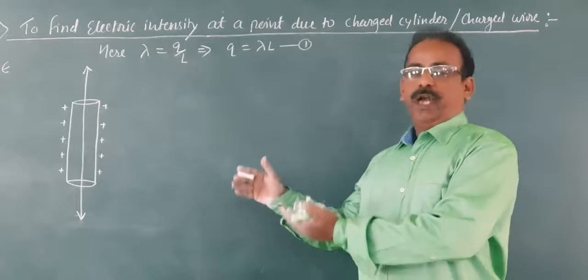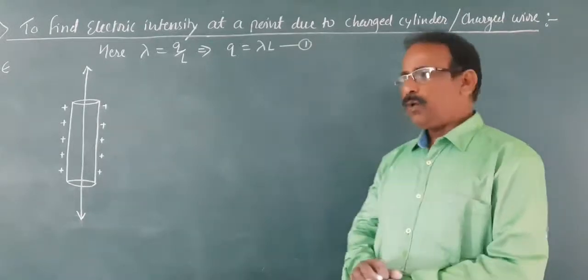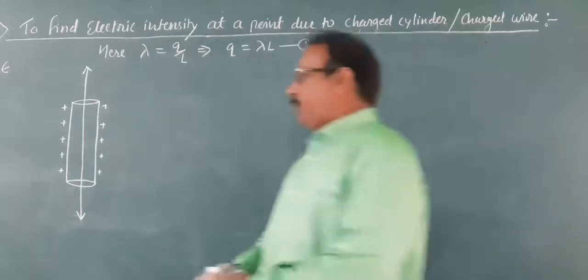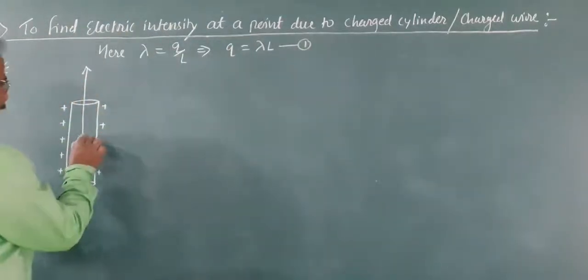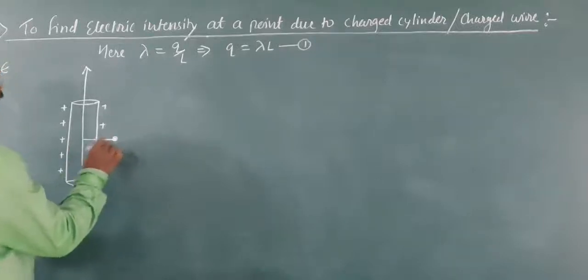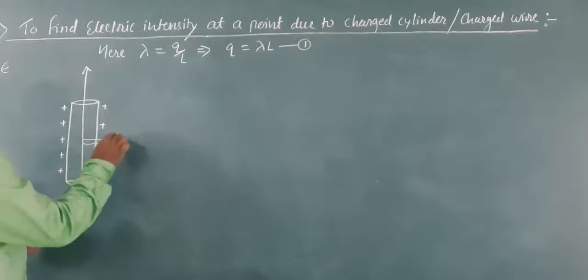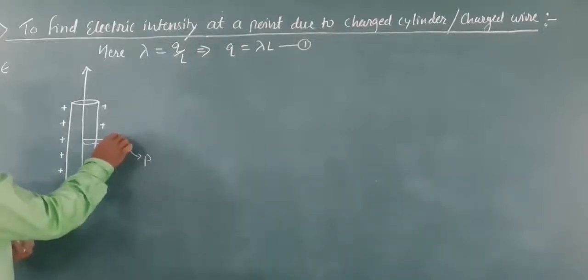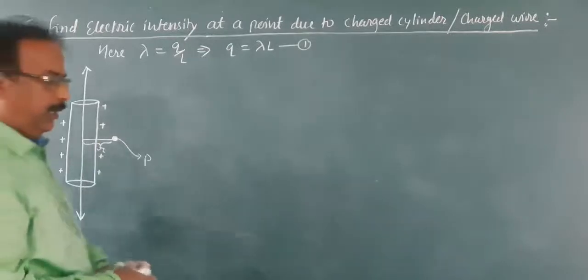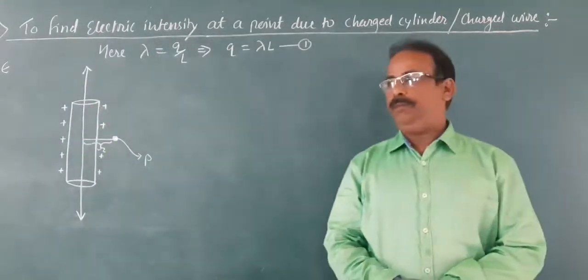After finding the charge present on this cylinder in L length, now take one point P at a distance equal to small r from this cylinder as shown in figure.